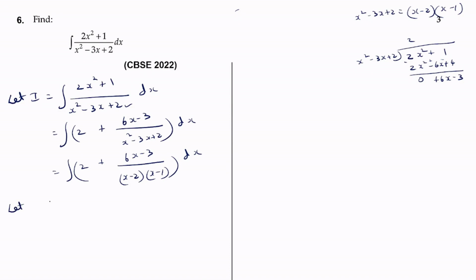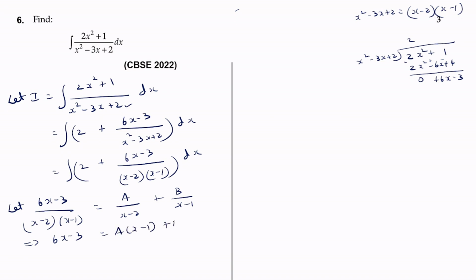So let us take, let (6x minus 3) upon (x minus 2) into (x minus 1) equal to a by (x minus 2) plus b by (x minus 1). So from this we get 6x minus 3 as a into (x minus 1) plus b into (x minus 2). So here it will be (a plus b) into x plus (minus a minus 2b). The left hand side we have 6x minus 3.